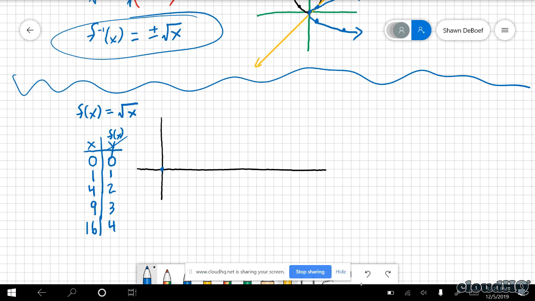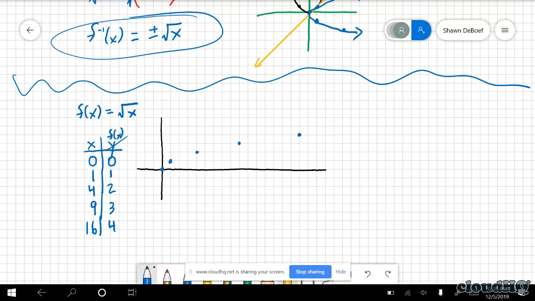So 0, 0; 1, 1; 4, 2; 9, 3; 16, 4. Right, and I could keep going, but you should be able to see the pattern here.